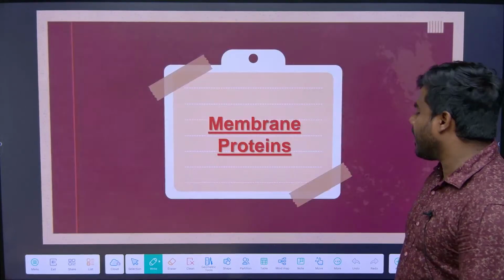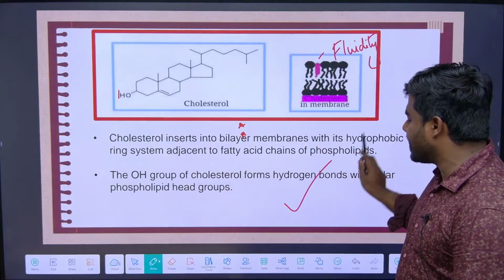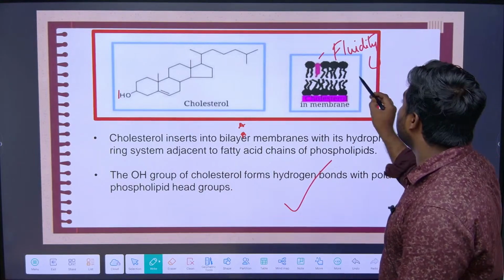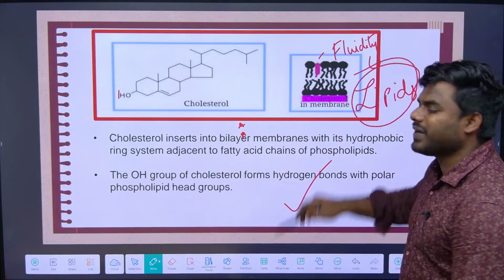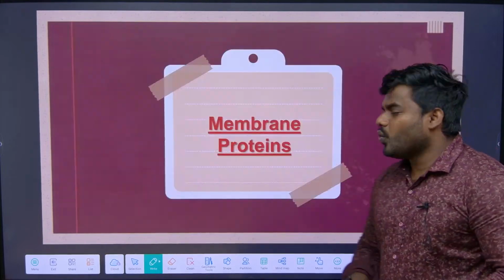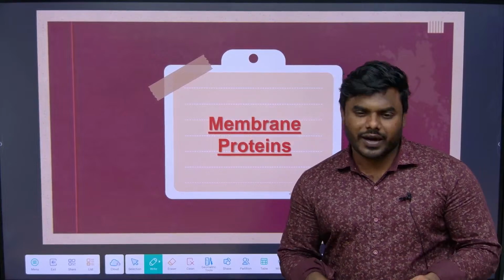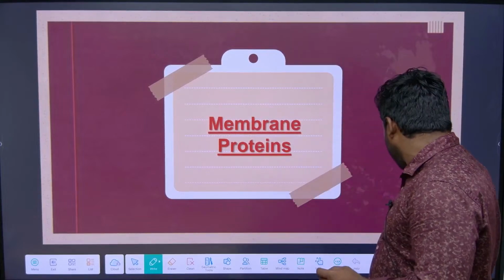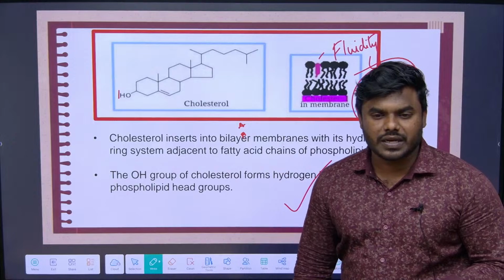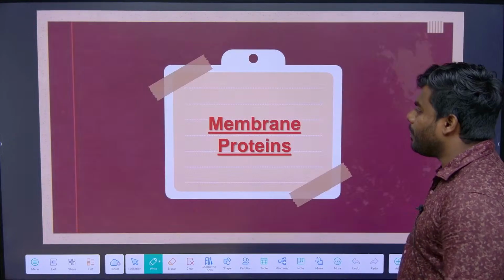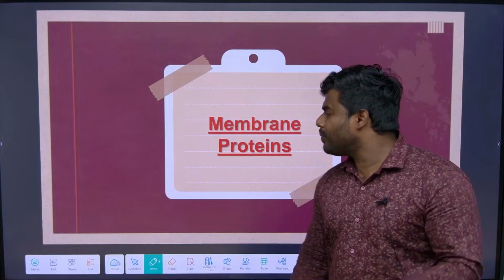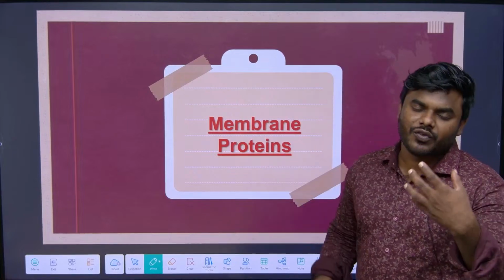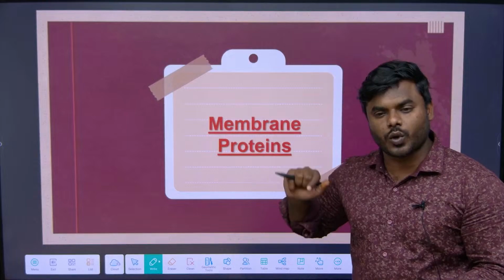So far, whatever we have discussed till this slide is the first major composition of the plasma membrane: lipids. We may or may not get questions, but we have to read the lipid composition compulsorily. Compared to lipids, protein composition and carbohydrate composition are more important from the exam point of view, where we can expect direct questions.